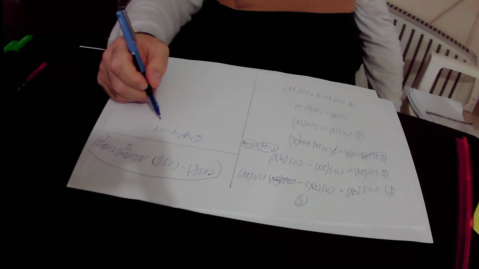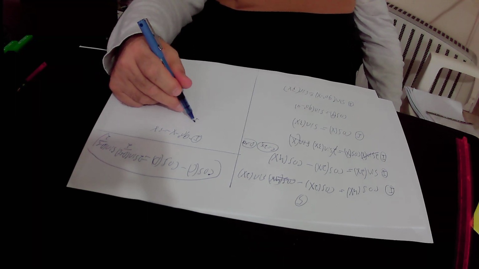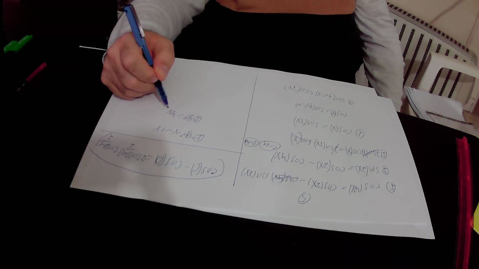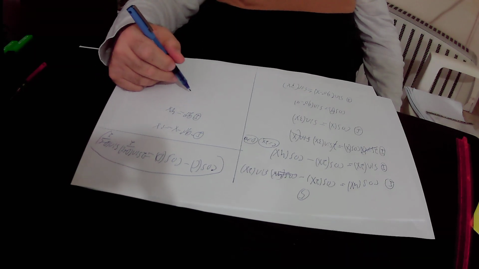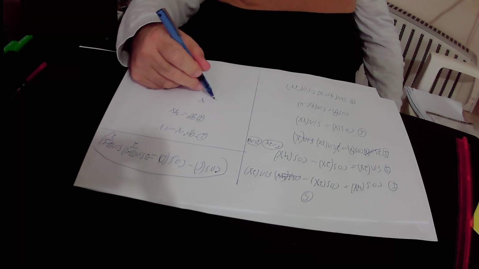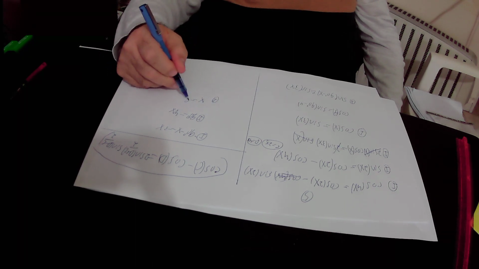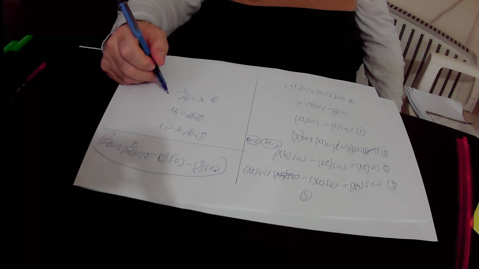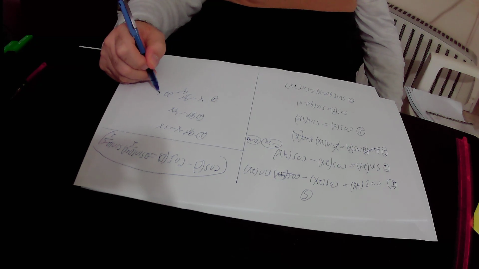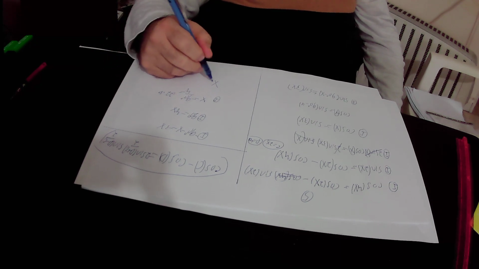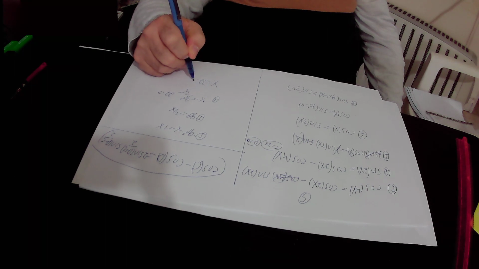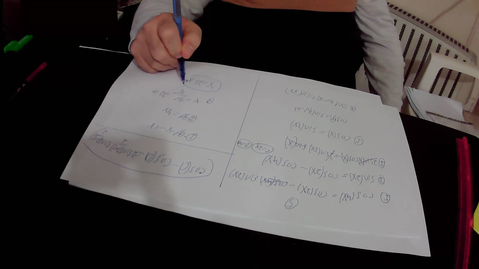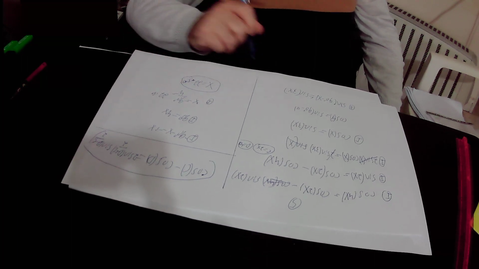Here we will add x to this equation, and we will get that 90 degrees is equal to 4x. Here we will divide by 4, and we will get that x equals 90 degrees over 4, which is 22.5 degrees. So we found out that angle x equals 22.5 degrees.